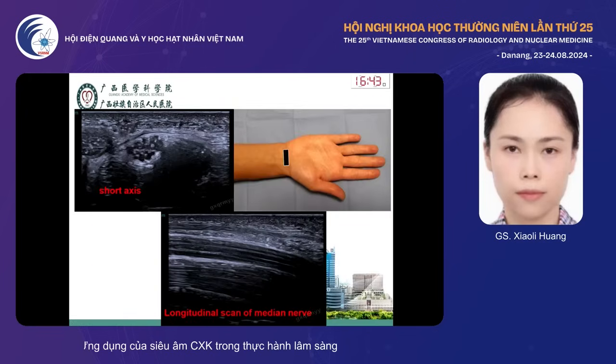If you need to examine the median nerve in the wrist, place the probe here, and you can get the short axis image of the median nerve. It looks like a C-like structure. And when you rotate the probe by 90 degrees, you can get its long axis, a bundle of parallel low echo strands.